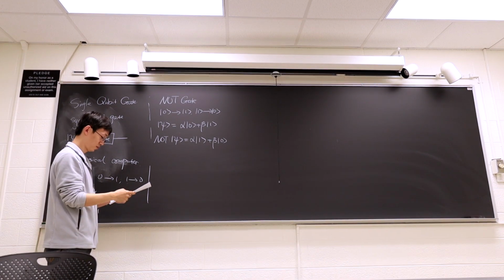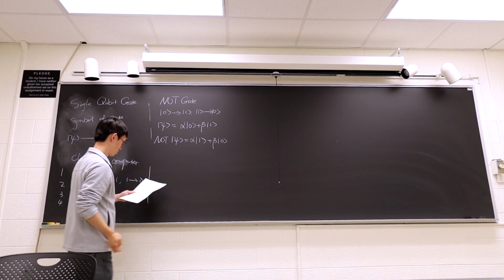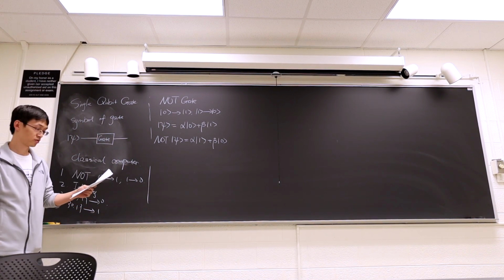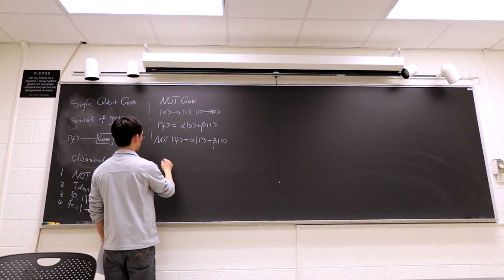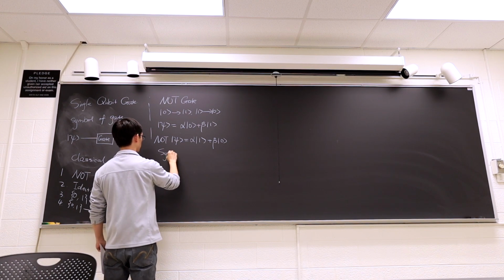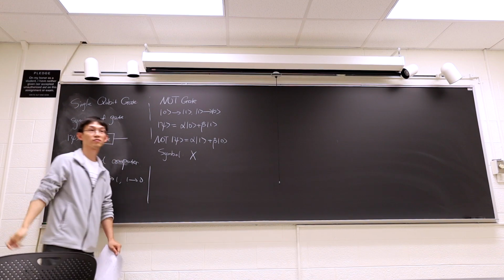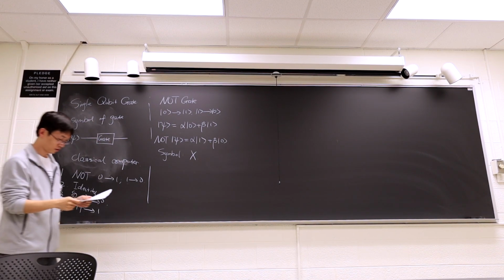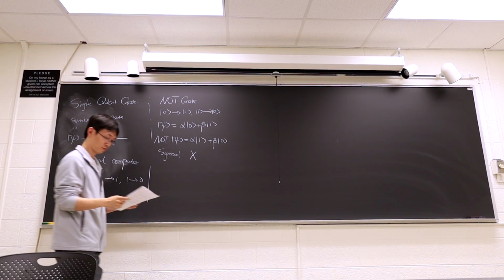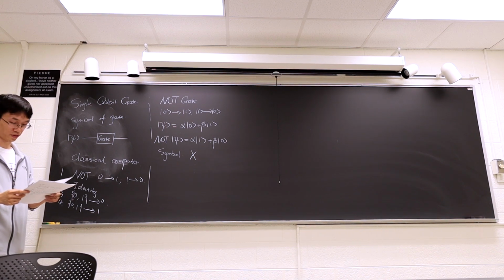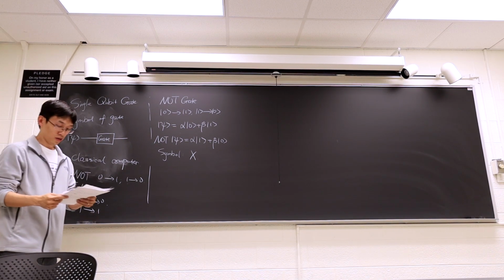This might look weird, but the symbol for the NOT gate is X. It's actually related to the X matrix for spin, though we didn't say anything about spin.